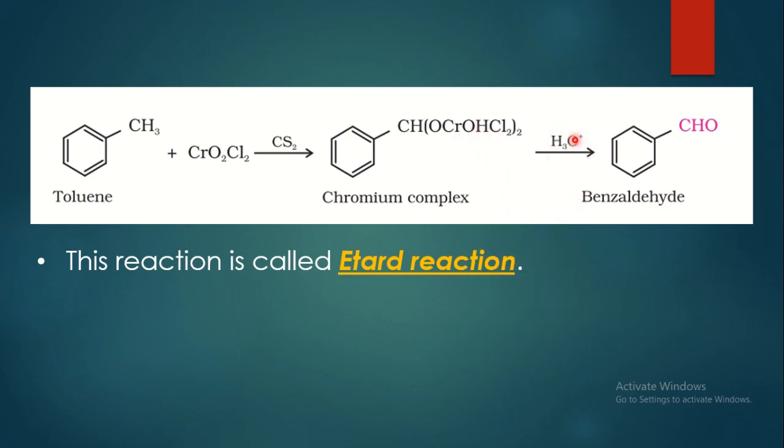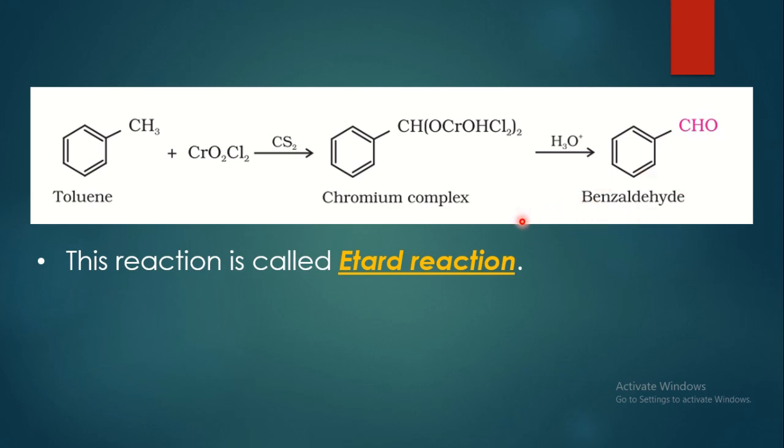Thereafter hydrolysis, means in the presence of water, and whenever there is hydrolysis, hydronium ion H3O+ will be there. Clear? Then it will form your respective aldehyde. So where is the remaining part? The remaining part will be our unwanted product, because our main product is aldehyde, and which aldehyde did we just produce? Benzaldehyde.